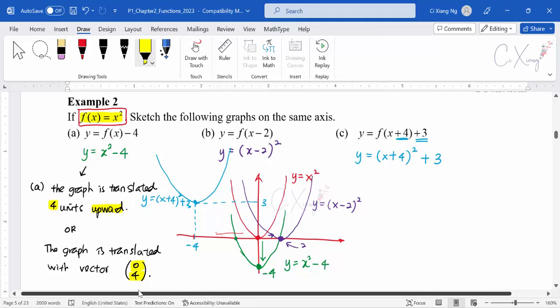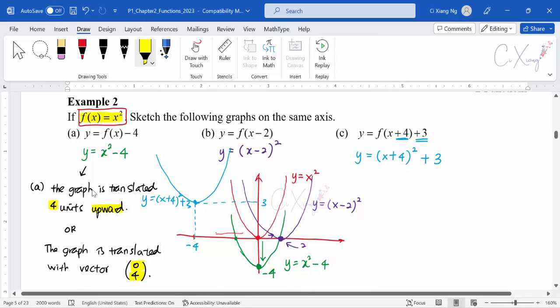So positive 4 means moving up. So automatically we know that, oh, it is a positive 4, so it means moving up. Then 0 means that in the horizontal direction, we didn't move it at all. So there are a few ways for you to write it out. You can write it like this or like this. Any way will be accepted.